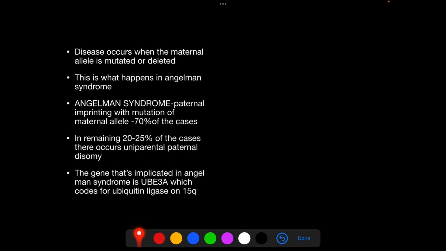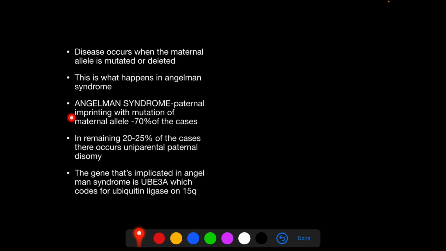This is what exactly happens in Angelman syndrome. Angelman syndrome is characterized by paternal imprinting. It means that the gene responsible for the Angelman syndrome is normally silenced in the spermatocyte. Now the disease is occurring because of the deletion of the gene that is present in the oocyte.